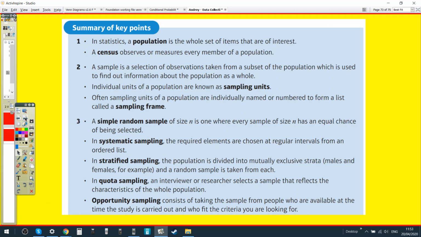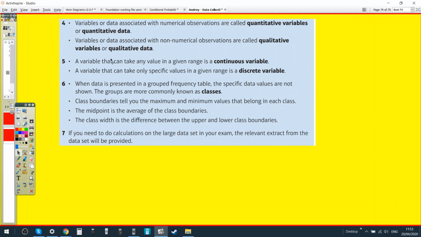But you can have that in a length, so millimeters would be continuous. What would they say? Discrete can't take any value. But continuous can take any value, and it's measured, they say. Continuous, discrete, classes. Yeah, those class boundaries.